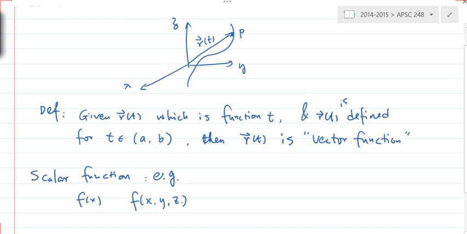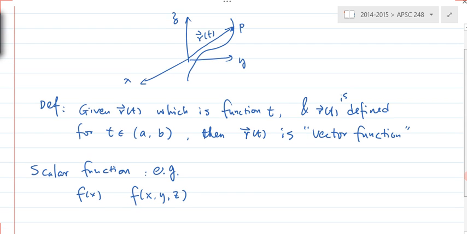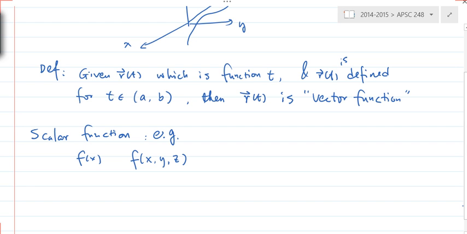That's a multivariable function, but it is also a scalar function. When you substitute certain values of x, y, z, or x into a scalar function, you get a scalar value out. But if it's a vector function, when you substitute a value for t, what's returned is a vector. That's basically the idea here.